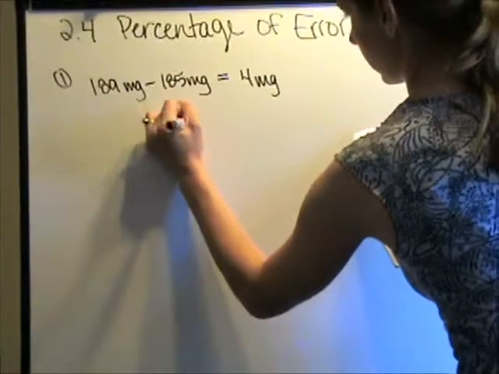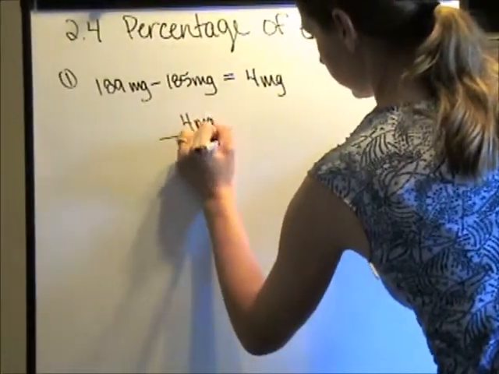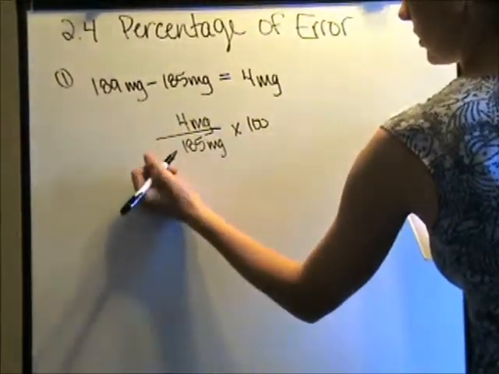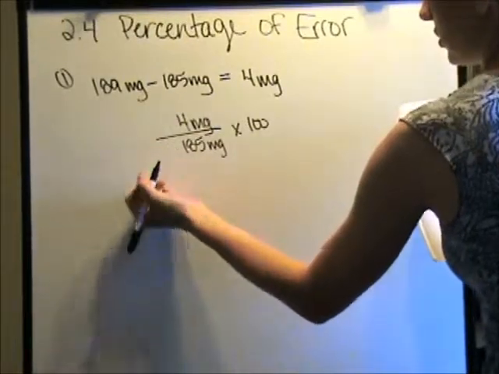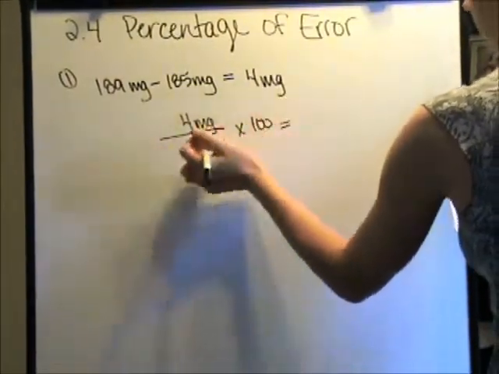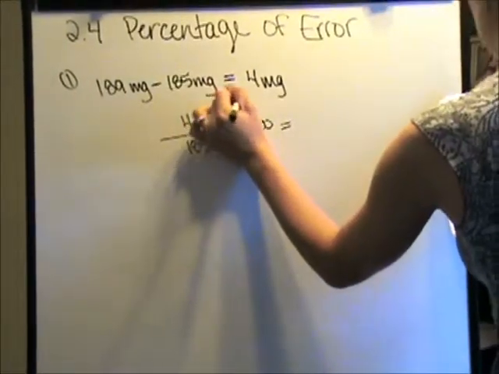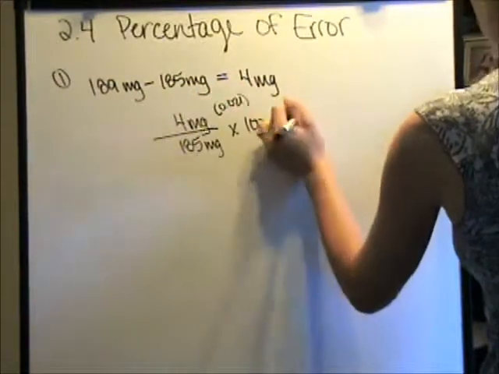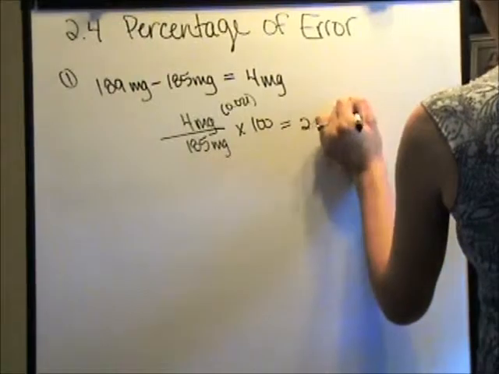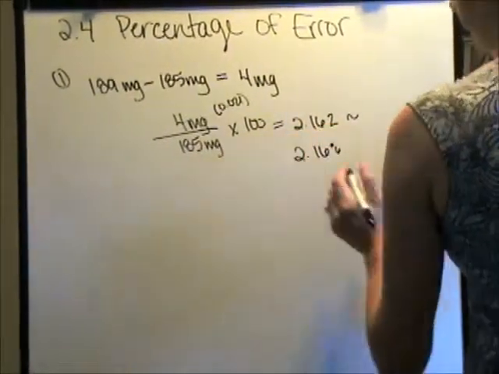So now we're ready to calculate our percentage of error, always putting our amount of error on top and our original quantity desired on the bottom. If you divide these two, it comes out to 0.0216, times 100 is 2.162, but we're going to round that to 2.16%.